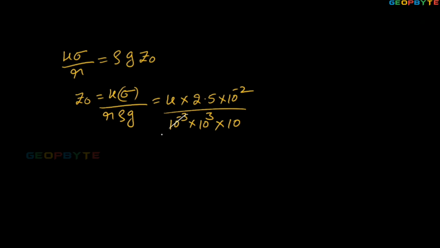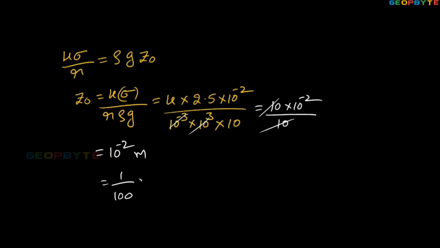Here these two quantities are cancelling. It is equal to 4 into 2.5 into 10 power minus 2 divided by 10. This 10 and 10 cancel. Finally, it is equal to 10 power minus 2 meters, which is 1 by 100 meters.